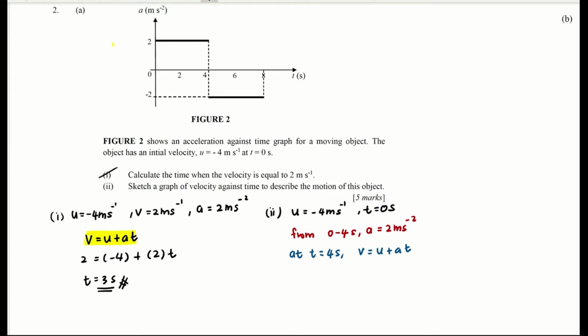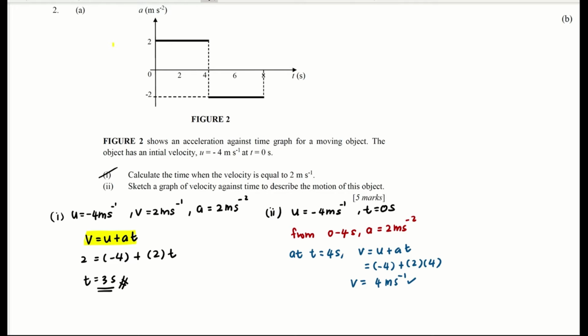So v is equal to -4 plus a is 2 and the time is 4 second. So means that the final velocity after 4 second is equal to 4 meter per second. So the object starts at -4 meter per second, and then after 4 second the velocity reaches 4 meter per second. So ini maklumat yang pertama yang kita ada lah.